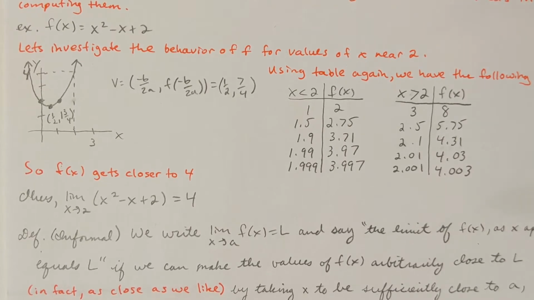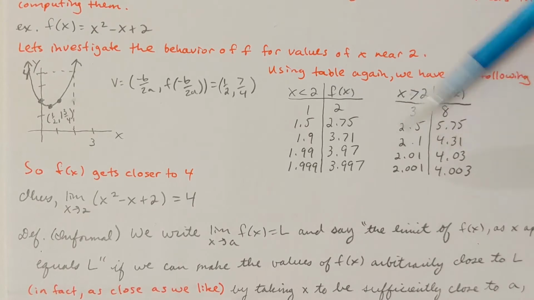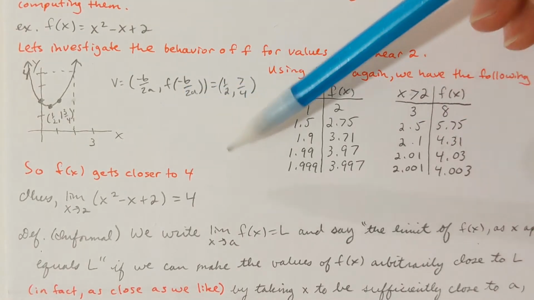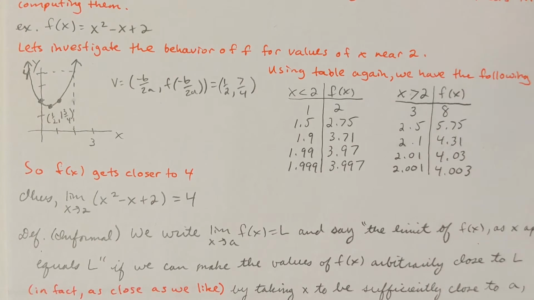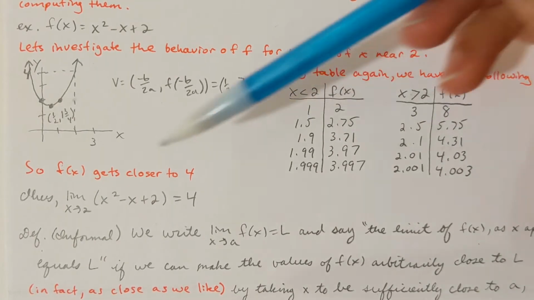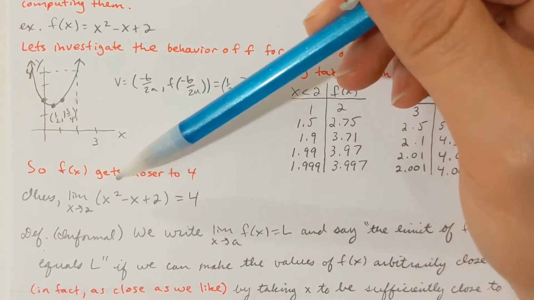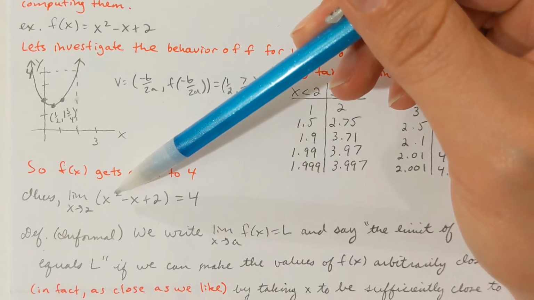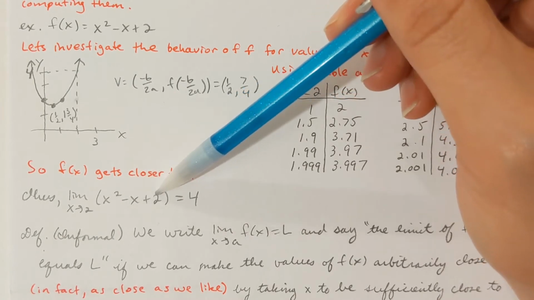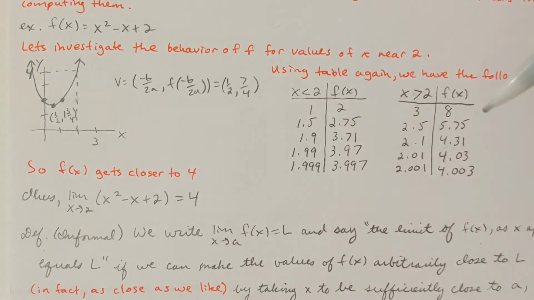Now based on our table, it appears that f of x is getting closer and closer to 4 as x is getting closer and closer to 2. So that's the limit as x approaches 2 of the function x squared minus x plus 2, that would be 4. Now that's, again, just a guess there.